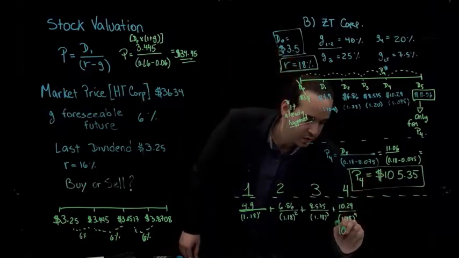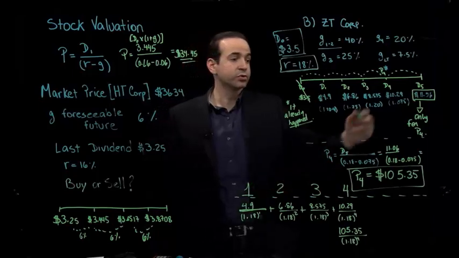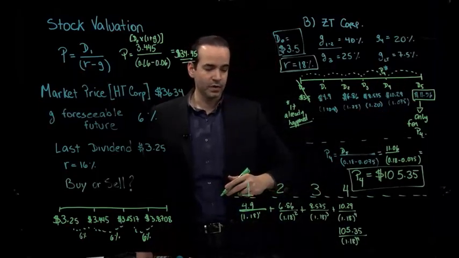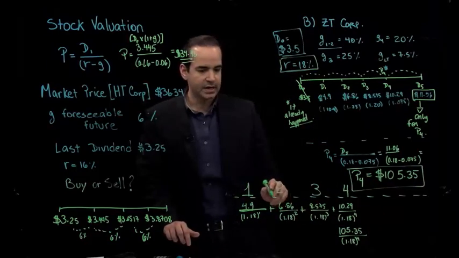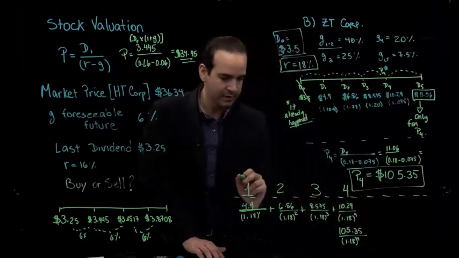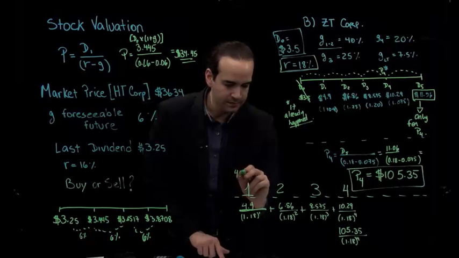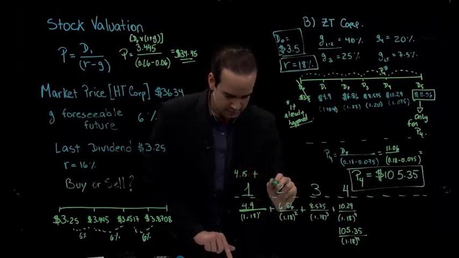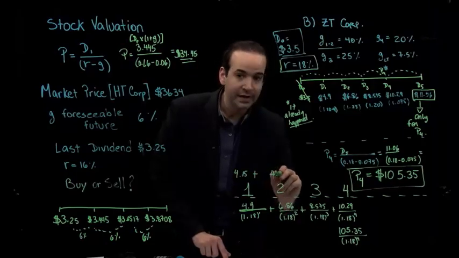So you're receiving 105.35, and you're going to discount it 1.18 to the power of 4, because it's also taking place in the 4th year, right? So at this point, we have all these numbers, and we can get the values of these numbers, and I'm going to write them on top here. So the first year, the present value is just 4.15. Then the 2nd year, the value of this discounted dividend is just 4.93.